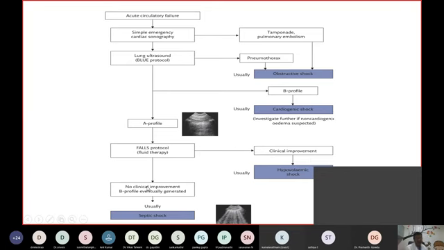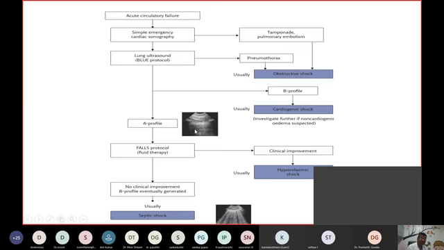And if there is no clinical improvement and you see B lines appearing from the A profile, your pattern is changing to B pattern, then it indicates that there is interstitial edema or pulmonary edema. So appearance of B lines on ultrasound is the first clinically silent step of edema. So you can pick up edema well ahead of time, before it manifests clinically, by lung ultrasound.